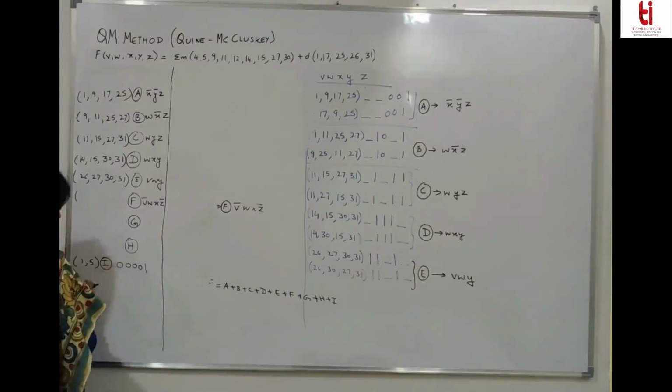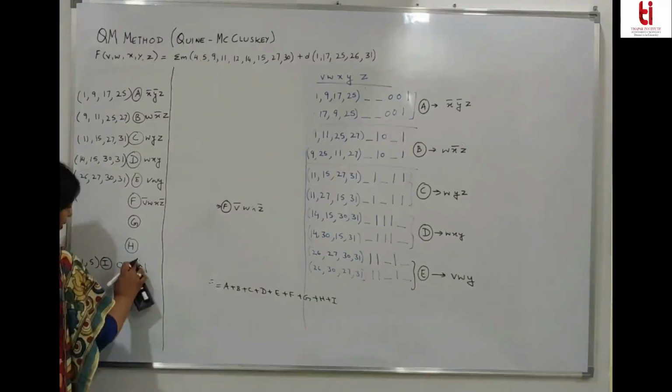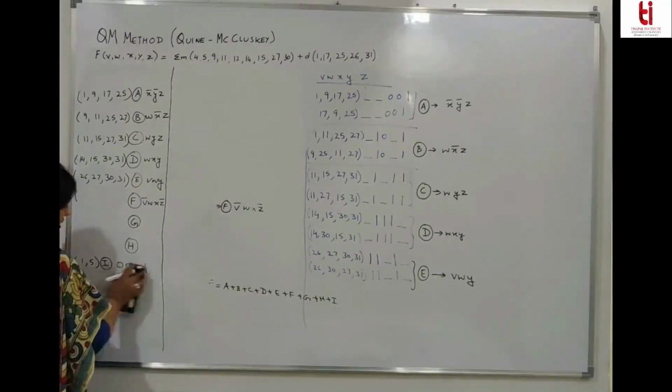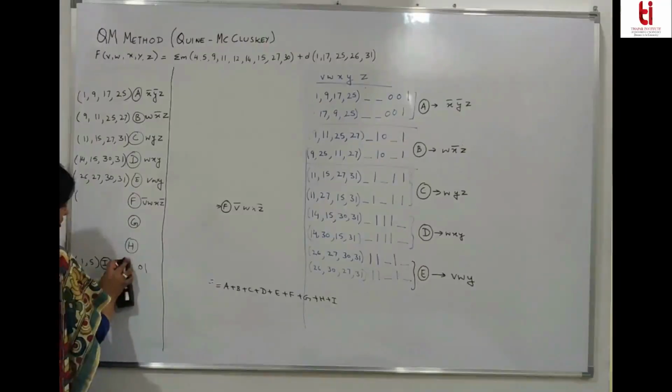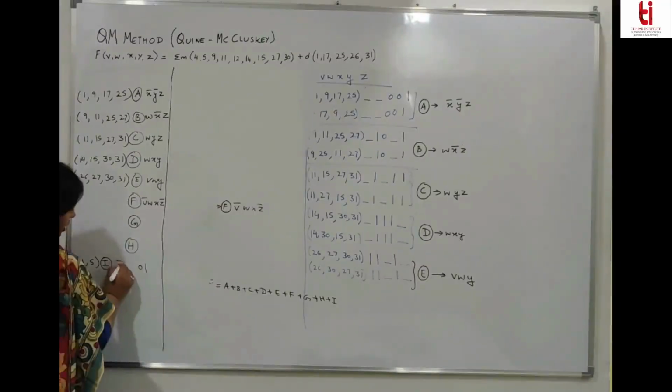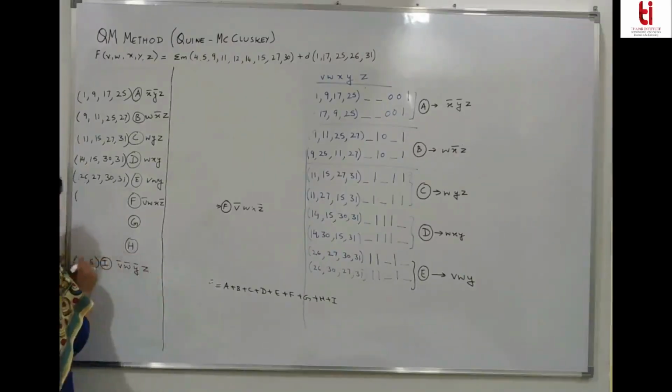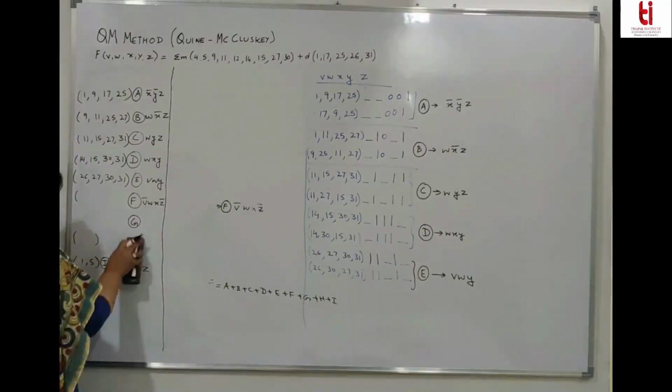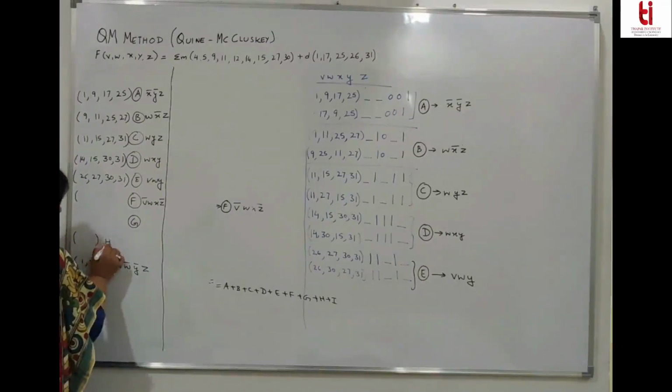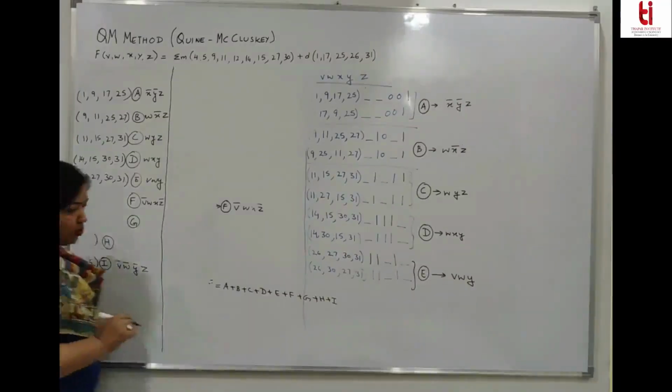The gap is here. So it's V bar, W bar, Y bar, and this is one term. This is H, 1 comma 5.